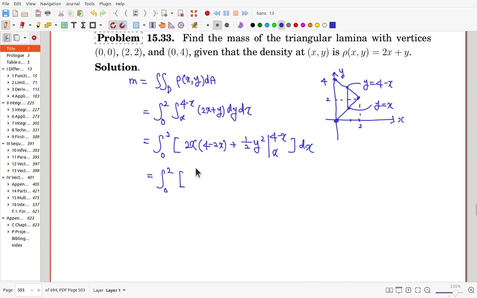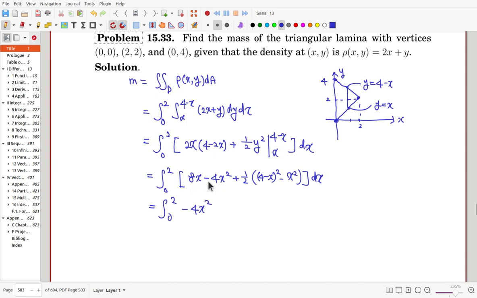Okay, let's rewrite one more time. There is 8x minus 4x squared plus half of (4 minus x) squared minus x squared, dx, from 0 to 2. For the x squared terms, we have 4x squared minus 4x squared, so no contribution from there, and then minus 4x squared.